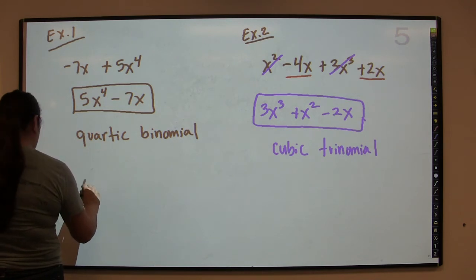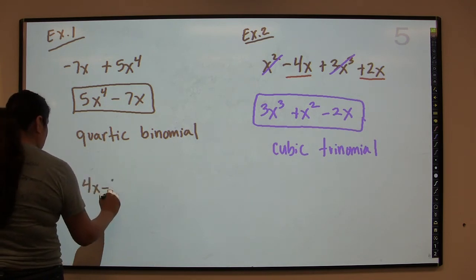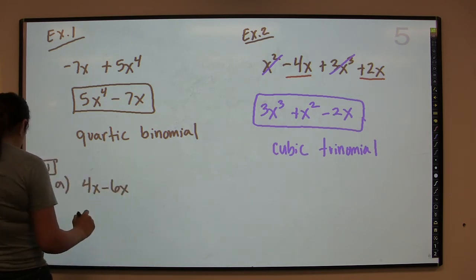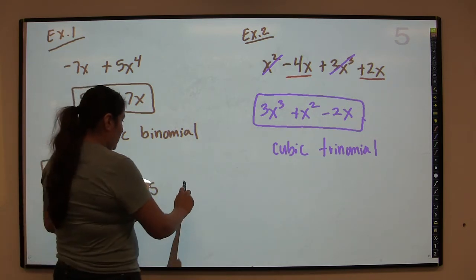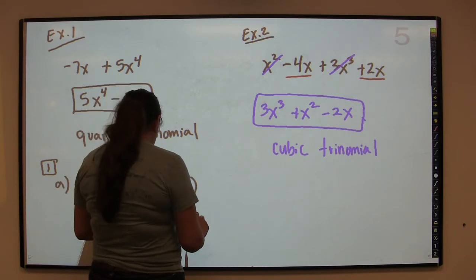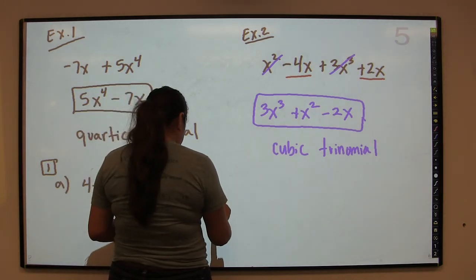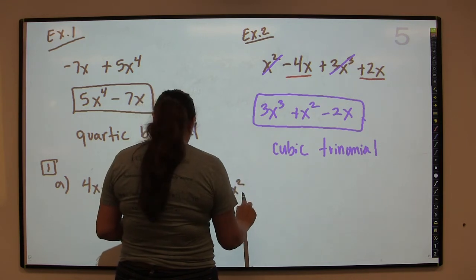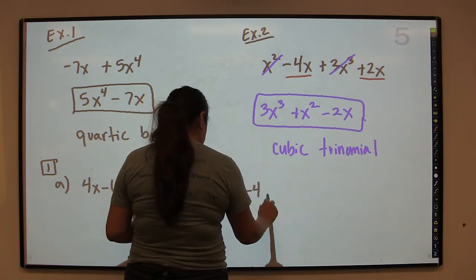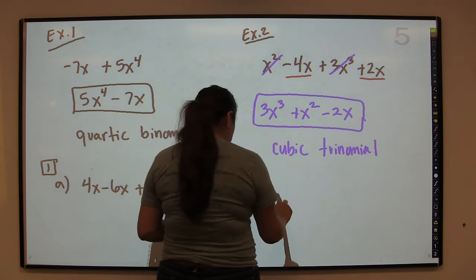So we have 4x minus 6x plus 5. That's A. B is going to be 3x cubed plus x squared minus 4x plus 2x cubed.